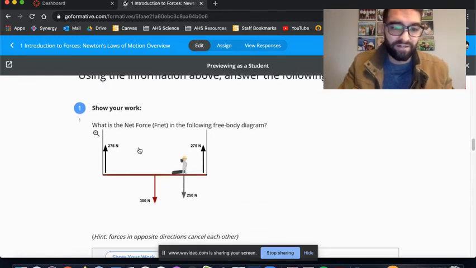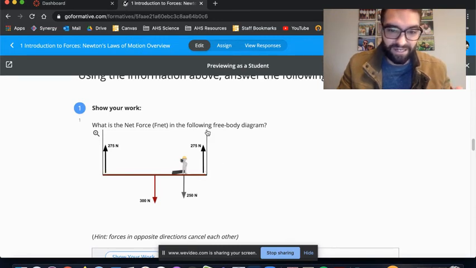Number one, what is the net force in the following free body diagram? Again, we have these arrows that represent forces pushing up. This would be a rope or maybe a chain, like you've seen with construction workers hanging on rafter things.